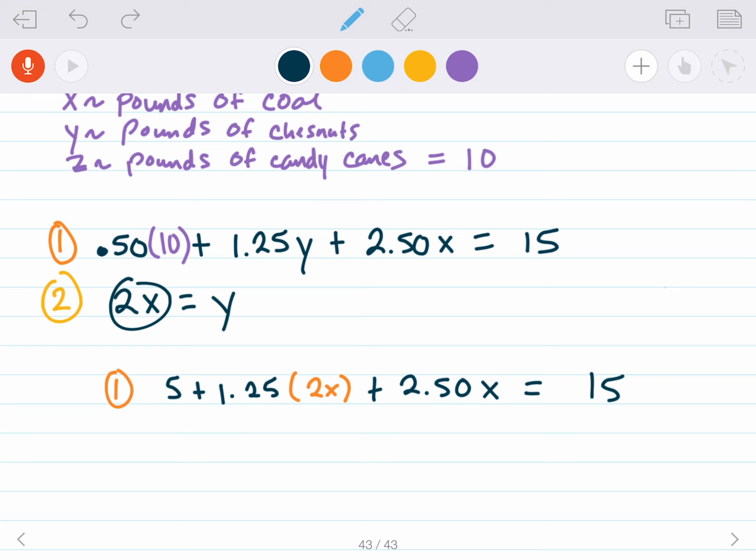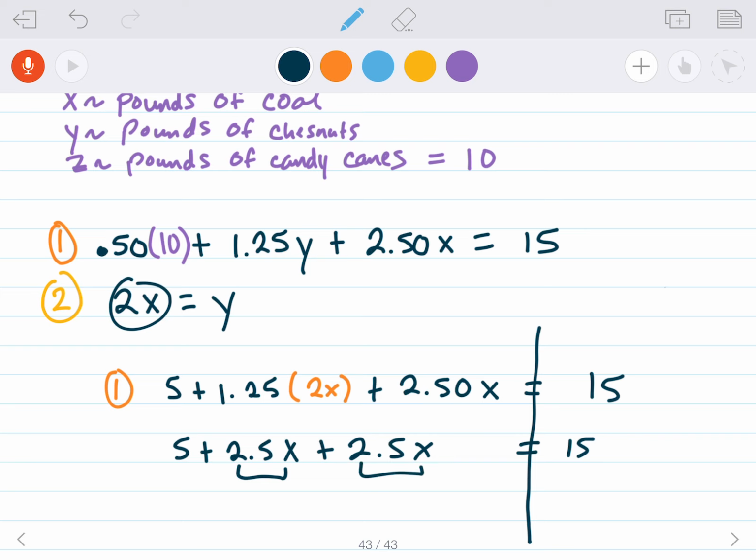So if I draw my line here, now I can multiply these out. 1.25 times 2 is going to give me 2.5, so I get 5 plus 2.5x plus 2.5x equals 15. Combine these like terms to give me 5 plus 5x equals 15.